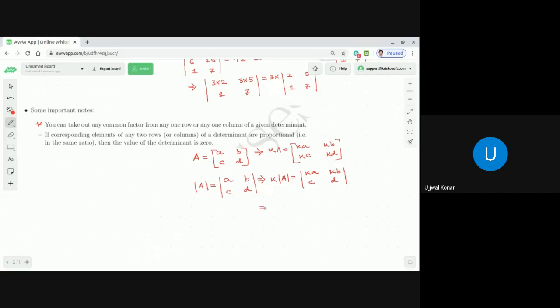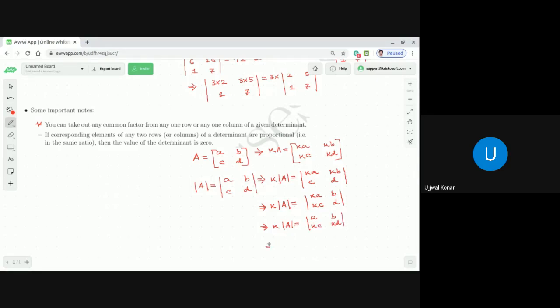Again, we can write k into the determinant of A by making only the first column multiplied by k. That means ka, kc, but the second column remains unchanged, b, d. Or you can multiply k with the second row. Perfectly fine. Then the first row remains unchanged, and the second row becomes kc and kd.